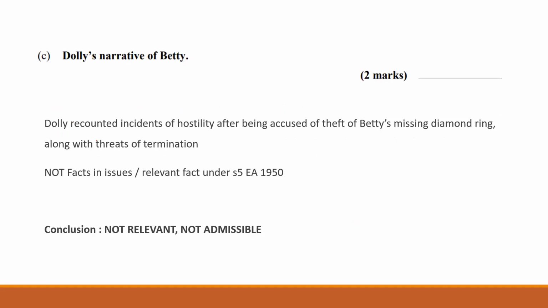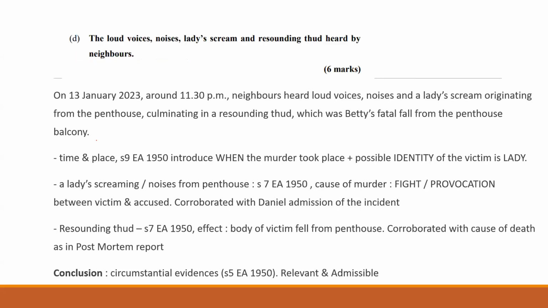So if let's say you are acting for Daniel, of course, this is not the question one. I'm just extending the scope of discussion so you can understand a little bit more. So this evidence becomes relevant, you get me? This is how it plays lah. But somehow or other, to answer this question, submit as a prosecutor. This is not relevant and not admissible because you are for that party already.